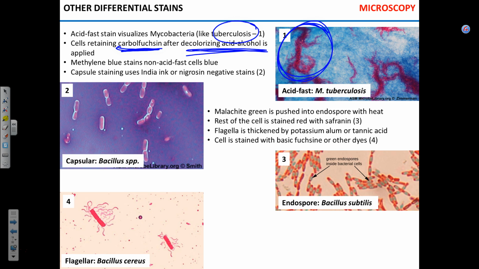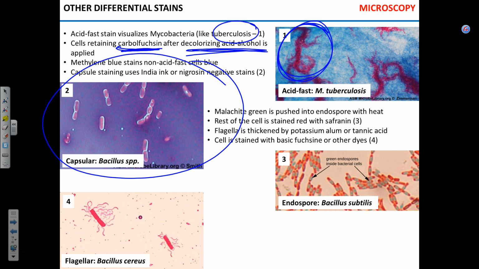Some stains allow you to stain for capsule. So capsular staining. Capsule is a protective coating around the cell. It protects cells from phagocytosis, from the response of your own immune system. Now, if bacteria have a capsule, are they going to be more pathogenic or less pathogenic than non-encapsulated?